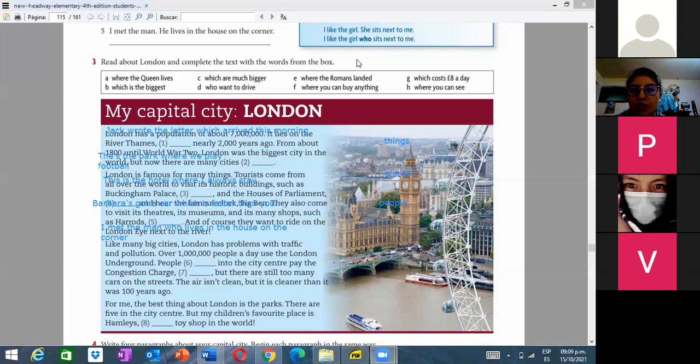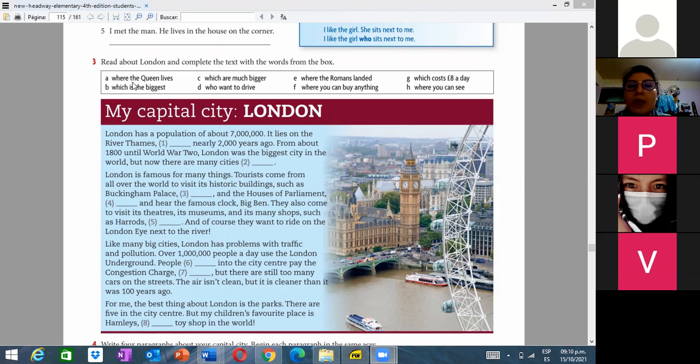Let me erase. If you have any new vocabulary, you have to tell me, please. Okay, here you have, as you can see, look at the box. You have many options, right? And as you can see, we have the relative, where, which, who, right? And something else. But the idea is the same. You have to read carefully and you have to write the correct answer.